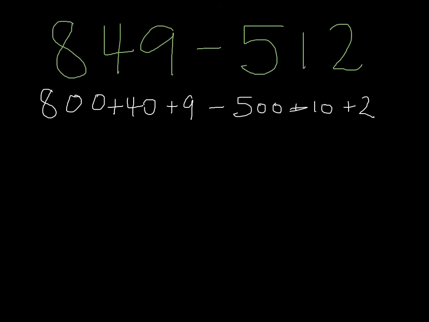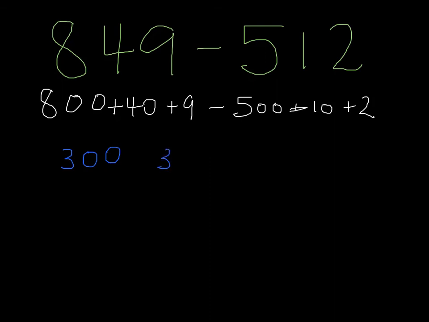So now we have to take away the hundreds. So 800 take away 500 is 300, and 40 take away 10 makes 30.